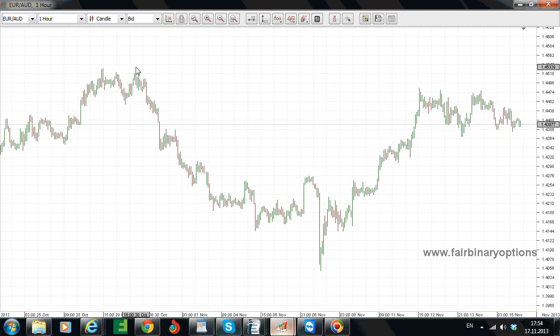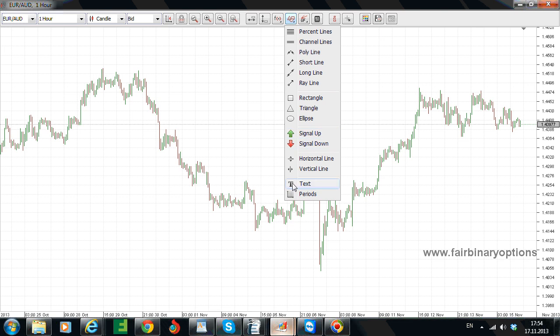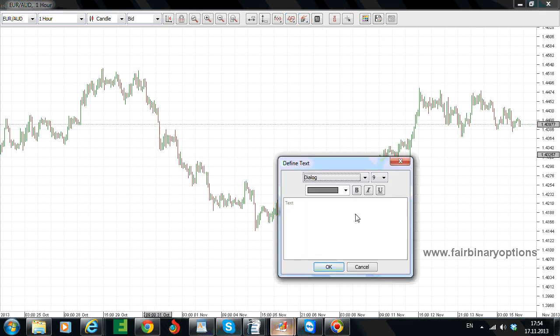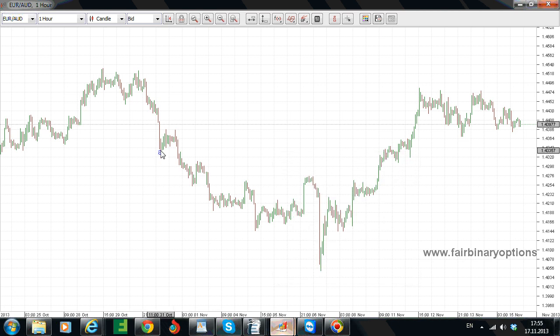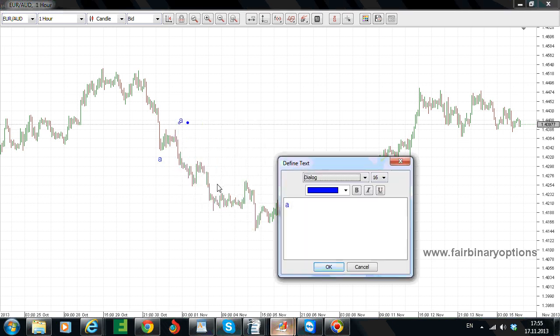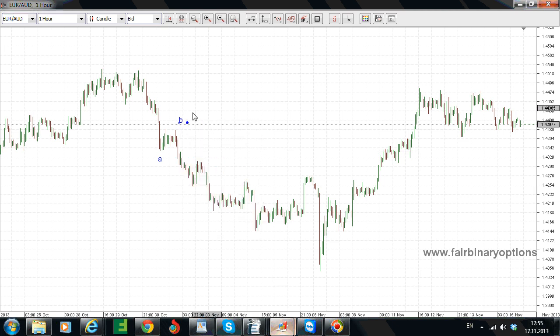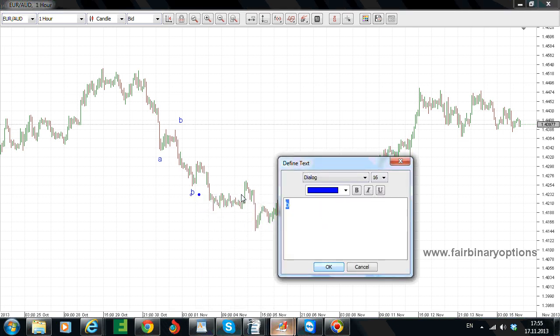It starts from the upside, with an A wave to the downside, then a B wave to the upside, and a C wave to the downside: A, B, C. This would be the first zigzag.